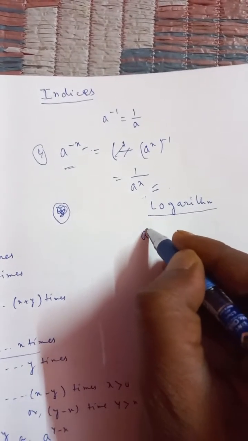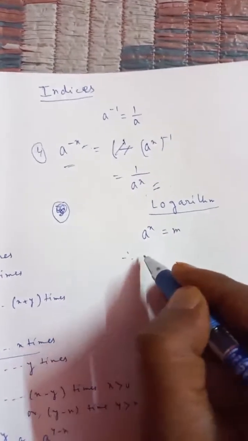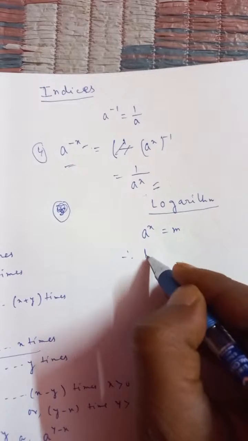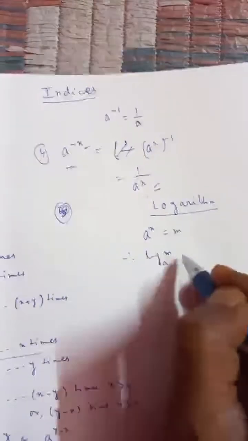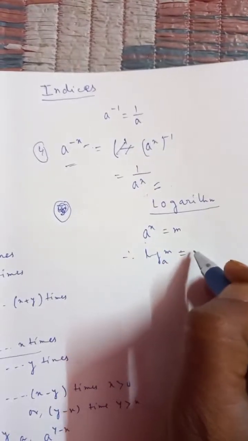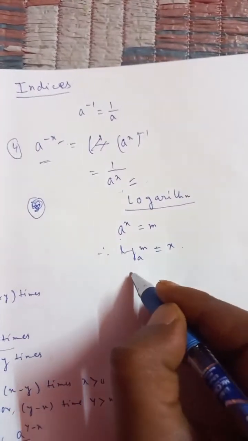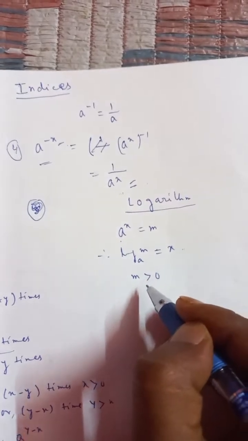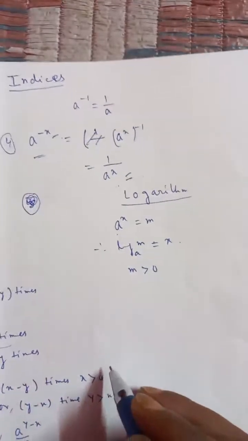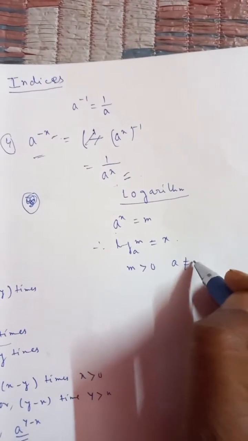If a to the power x is equal to n, then we can write log of n base a is equal to x, where n is greater than 0 and a not equal to 0.